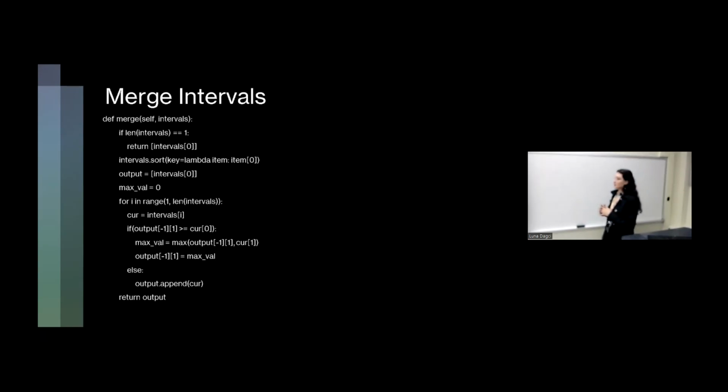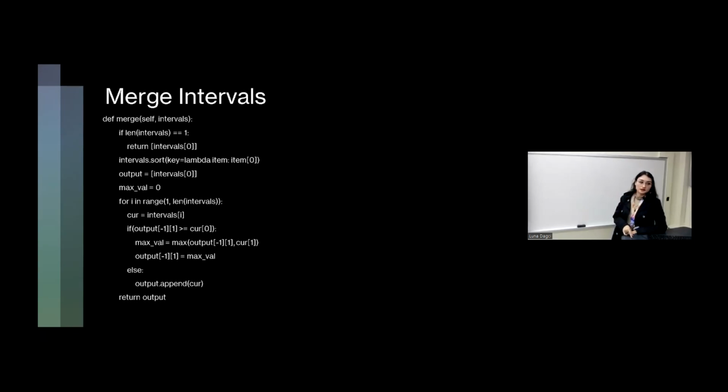So our current interval is right now the second interval in the array. In Python, -1 means the last element in the array. So for the last thing we have in the output, we compare its second position with the current interval's first position.